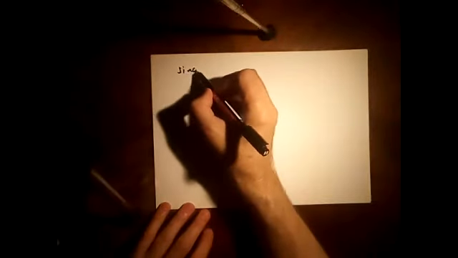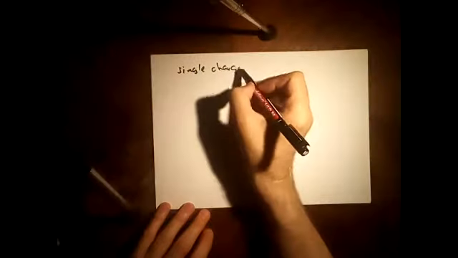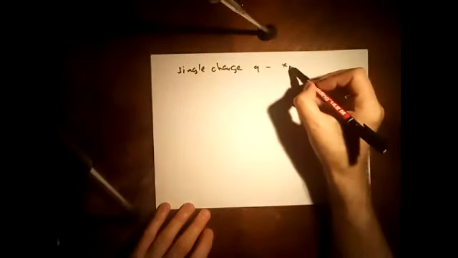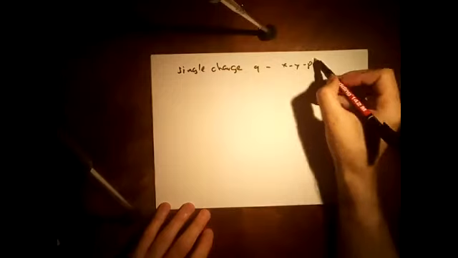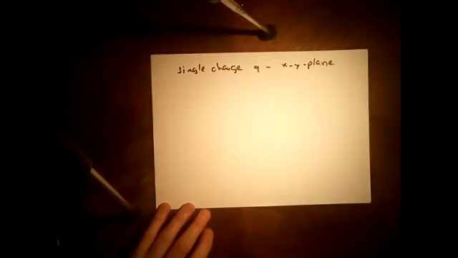In part C, we're going to analyze one single charge rotating. So what you want to do is take a single charge Q rotating about the origin in the xy plane, and we want to calculate the multipole moments.